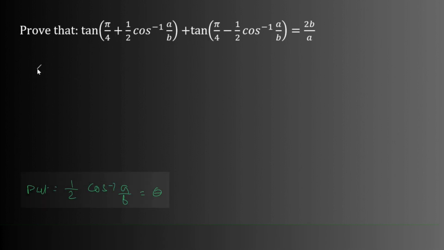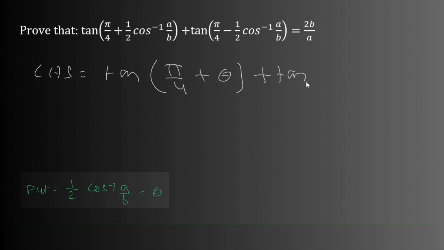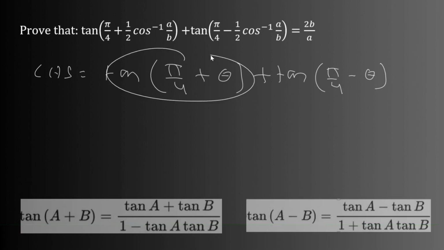So we are going to replace this with theta. That will result in the following: we'll write LHS as tan of pi over 4 plus theta, and similarly this is going to give you tan of pi over 4 minus theta. Next we are going to apply tan A plus B over here and tan A minus B over here. What is tan A plus B?